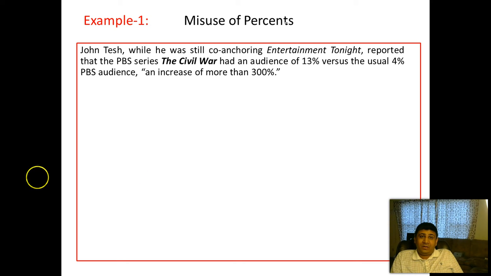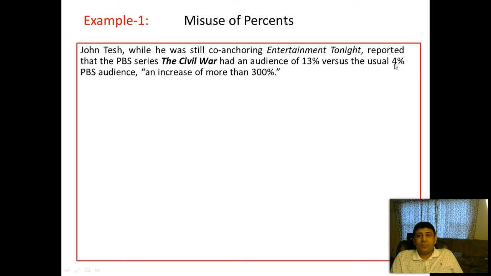Some guy looks like he was a host on PBS. Okay, John Tesh, while he was co-anchoring Entertainment Tonight, reported that the PBS series Civil War had an audience of 13%, versus the usual audience of PBS, which is 4%.